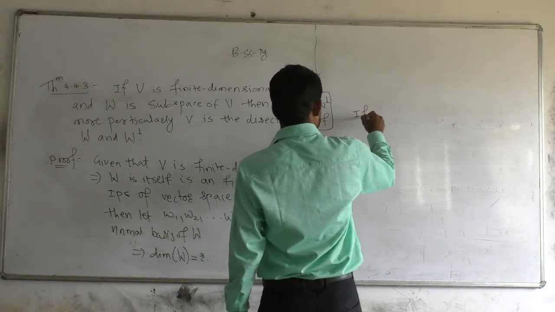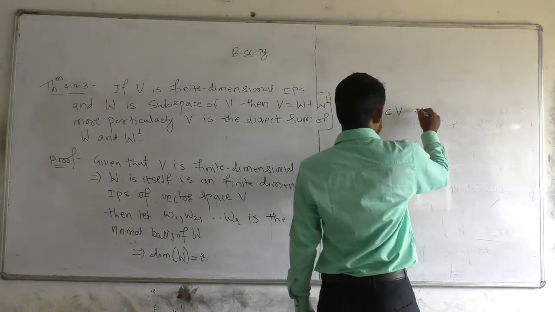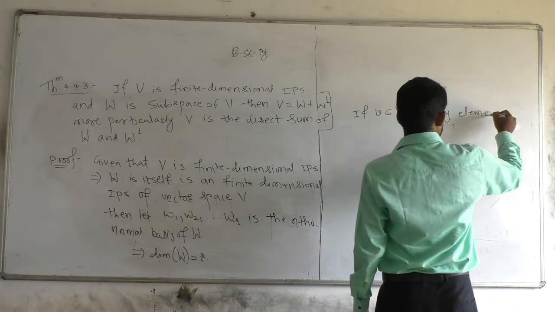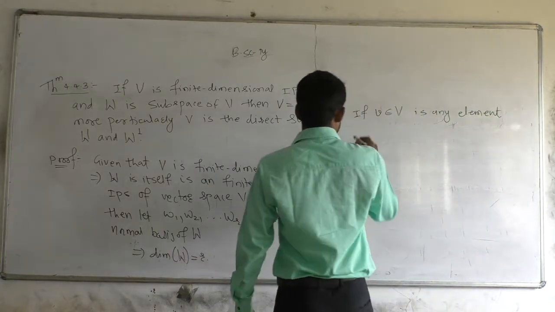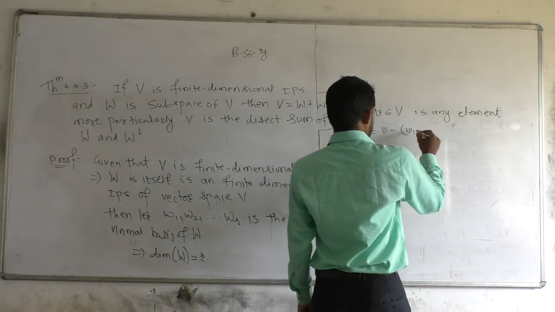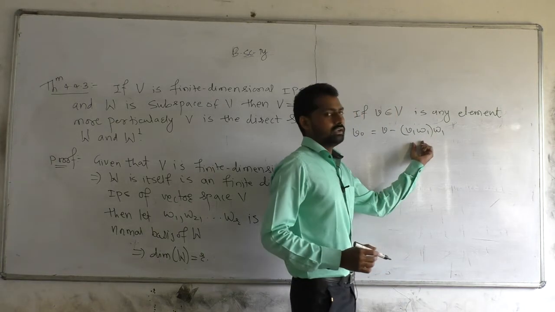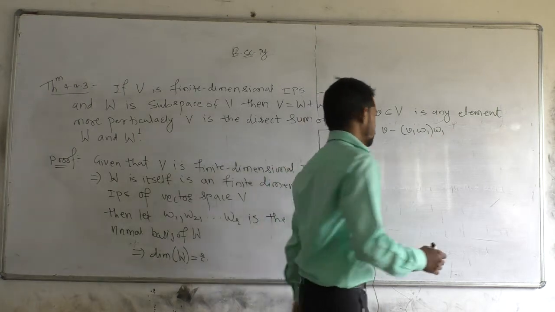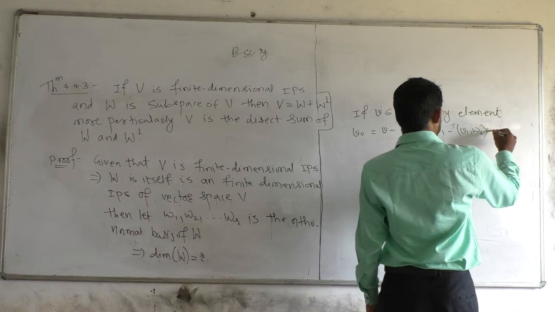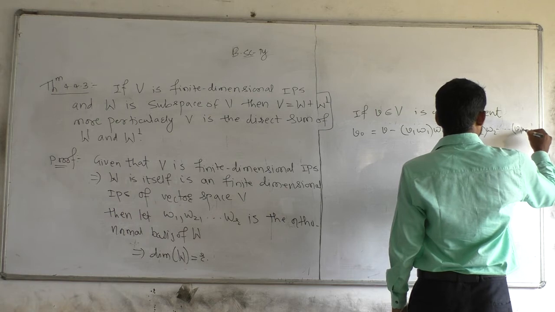If small v belongs to capital V is any element, then consider another element v0, which is equal to v minus inner product of v and w1 times w1, minus inner product of v and w2 times w2, and so on, minus inner product of v and wr times wr.